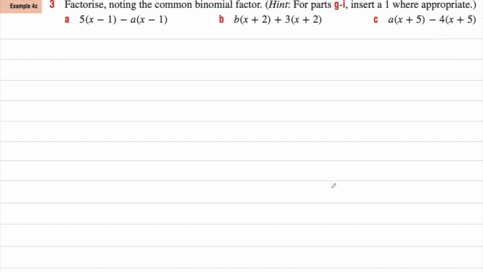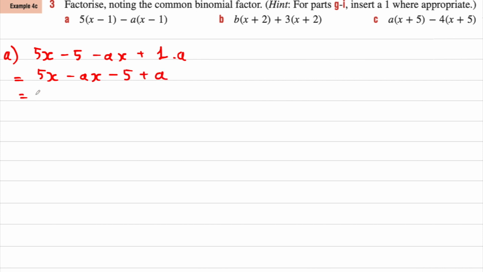Question 3, factorize after you expand this bracket. Question A, you will have 5h after expanding, and then minus h plus 1 times a like here. And then reorder for this term, you will have this form. After that, I will take h outside, you got 5 minus a.